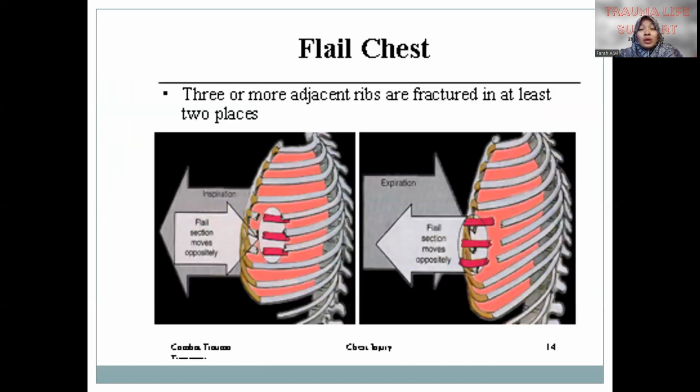So what is the definition of flail chest? 3 or more adjacent ribs that are fractured in at least 2 places. Paradoxical chest movement is when you inspire, the segment will collapse, and when you expire, the segment will protrude out.